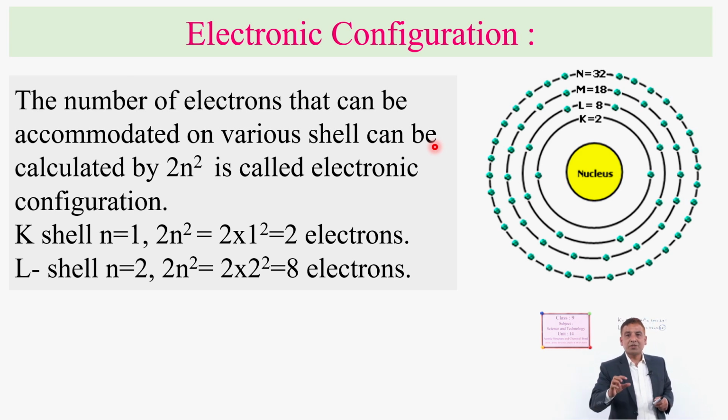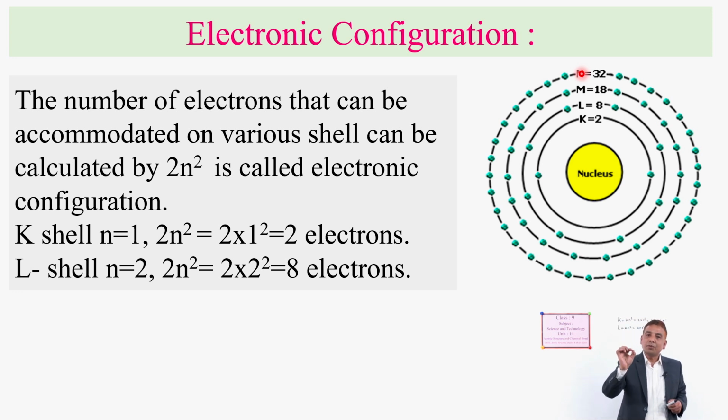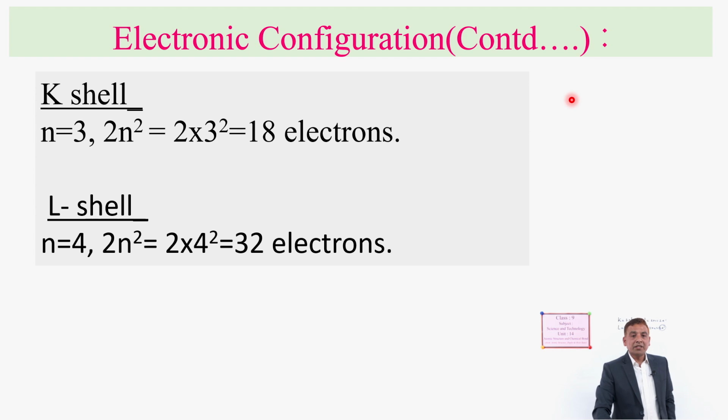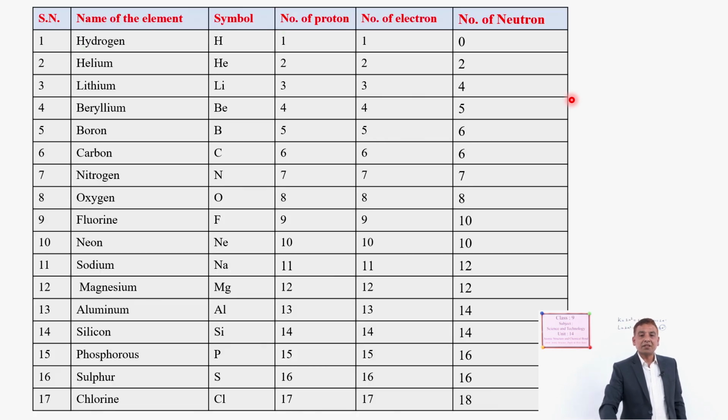If you use the same formula for the third cell, that is M cell, you can put the value of n equals 3, and for the fourth cell, that is N cell, you can put the value 4, 2 up, then you will get 18 as well as 32 respectively. So, this is all about the electronic configuration, and it can be represented like this.